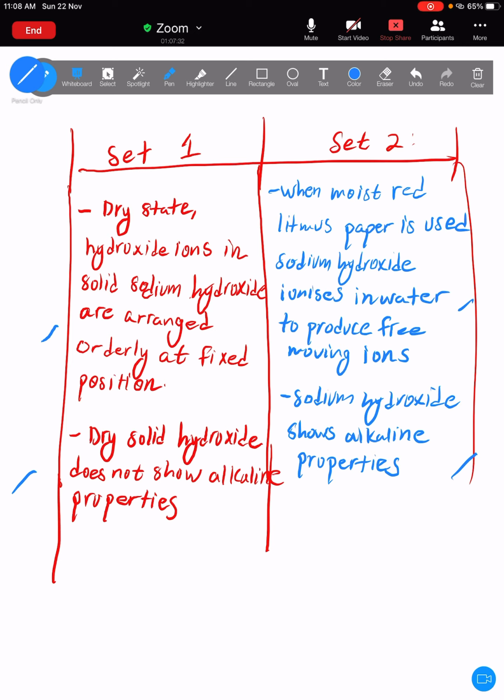Okay, done. Okay. In the dry state, they are fixed in position.